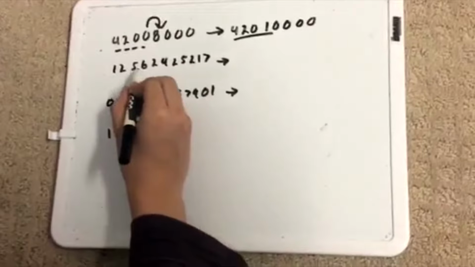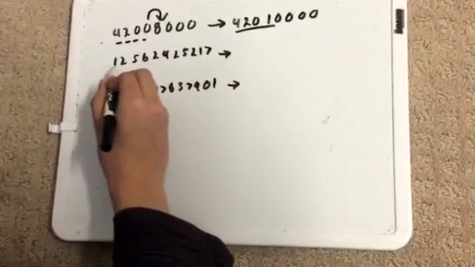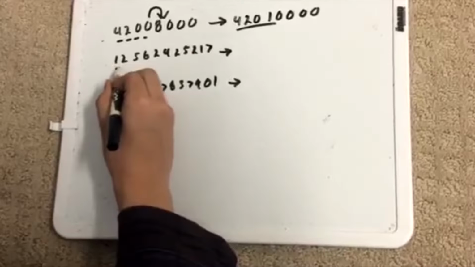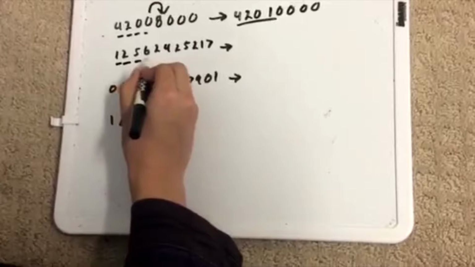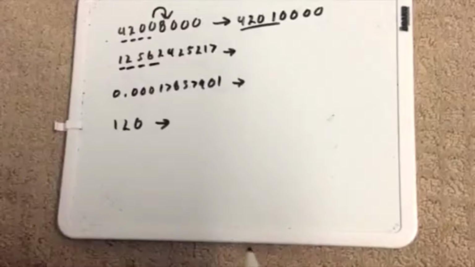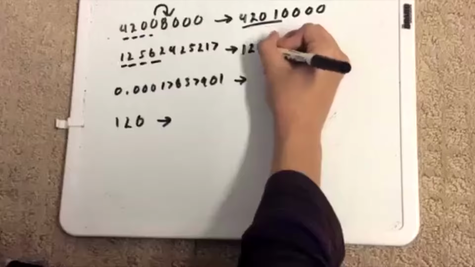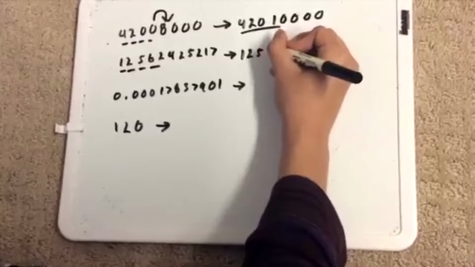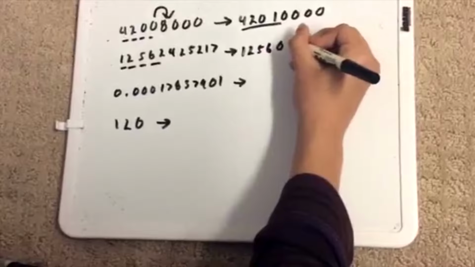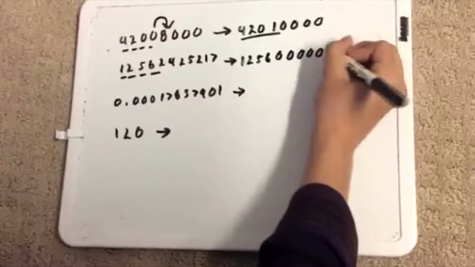For this number right here, we do the same thing. So 1, 2, 3, 4. And what you would get would be 1, 2, 5, 6, 0, 0, 0, 0, 0, 0, 0.